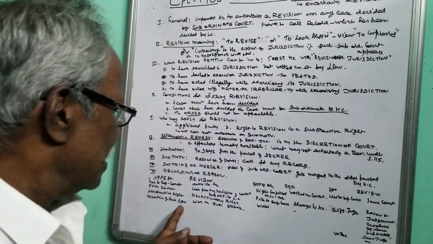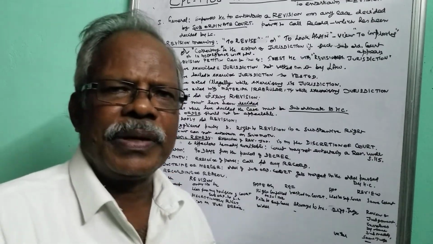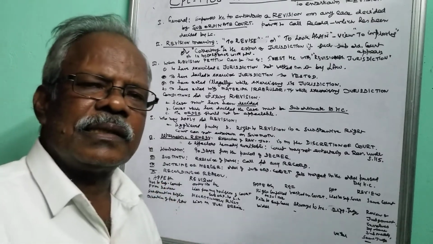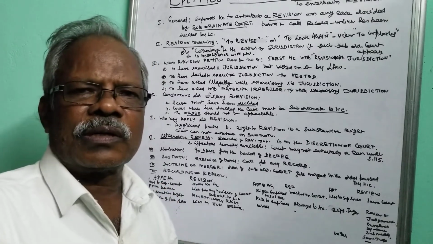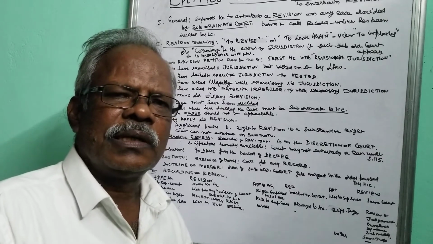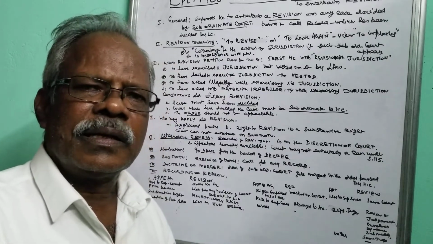And the last one is, what is the difference between appeal and revision? Appeal cases are taken by a lower court, but revision only by the High Court. The revision petition can be made and it can be decreed.